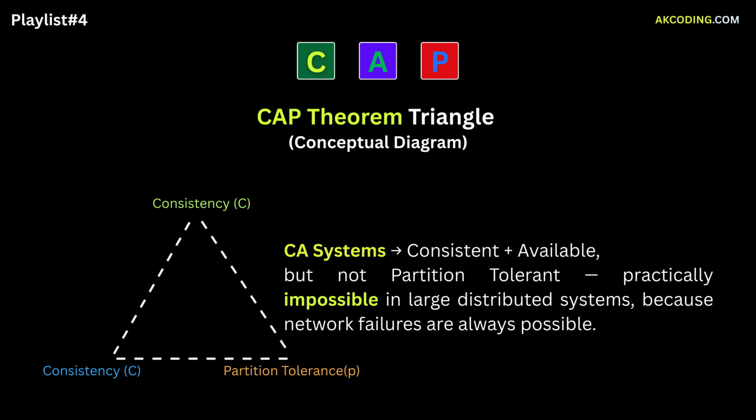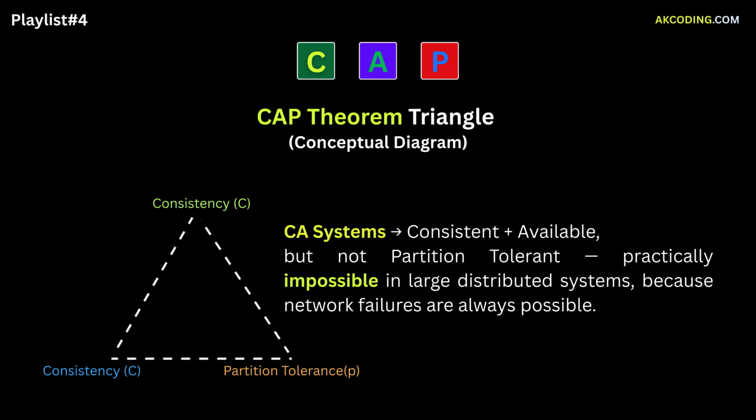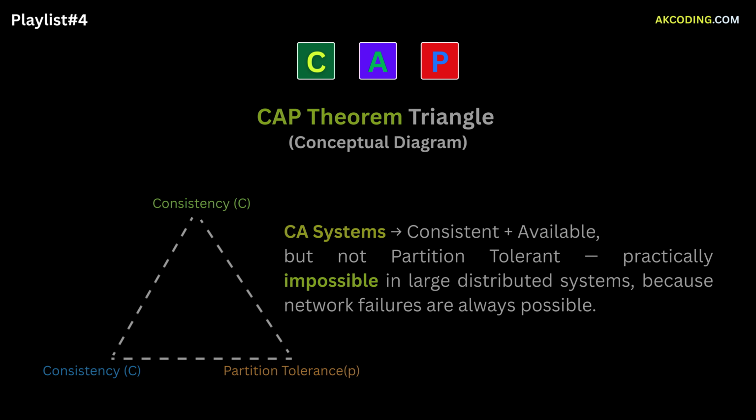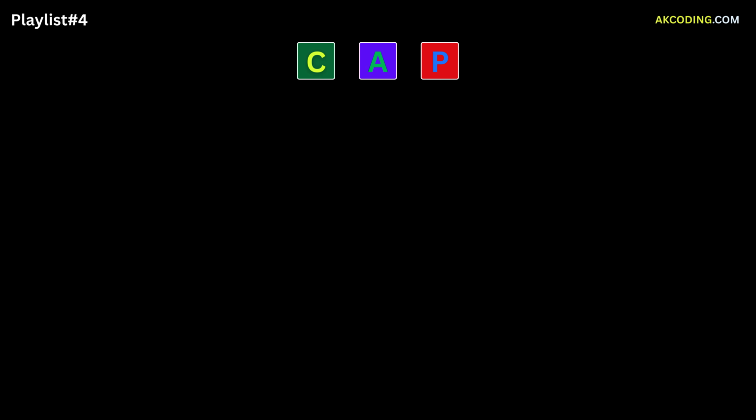Practically impossible in a large distributed system because network failure is always possible. Please note, a CA system is only possible in monolithic architecture where a single system works, and it will not support cloud native architecture. So in real world distributed databases, you always assume partition tolerance and then choose between consistency and availability.